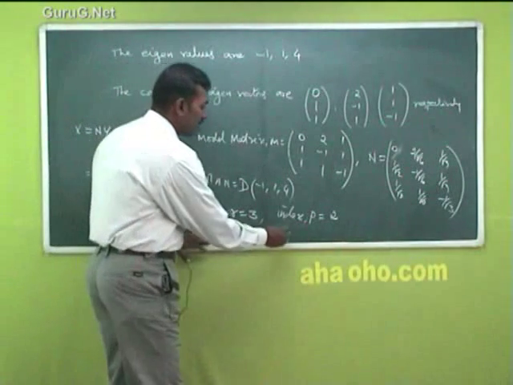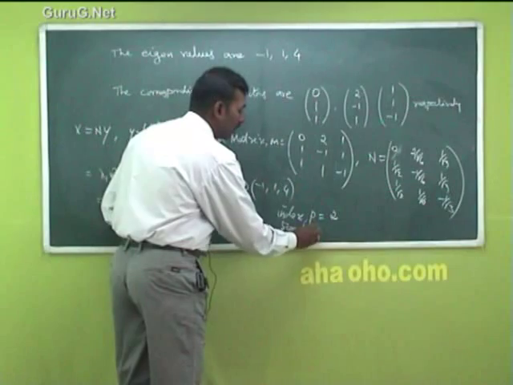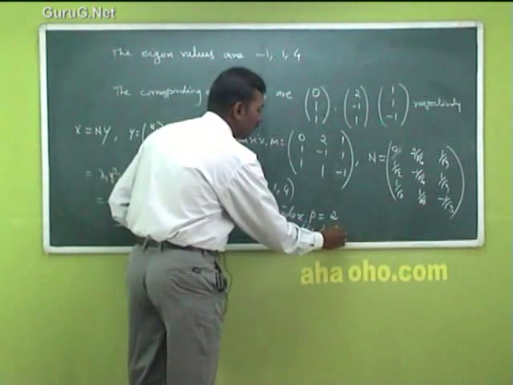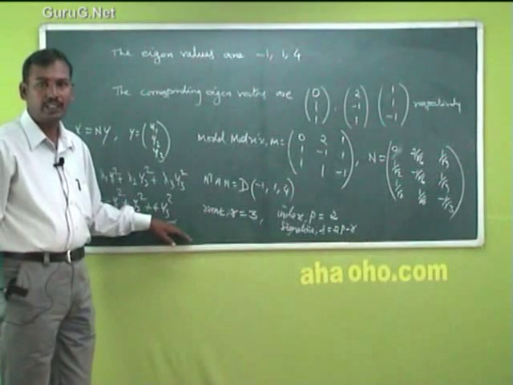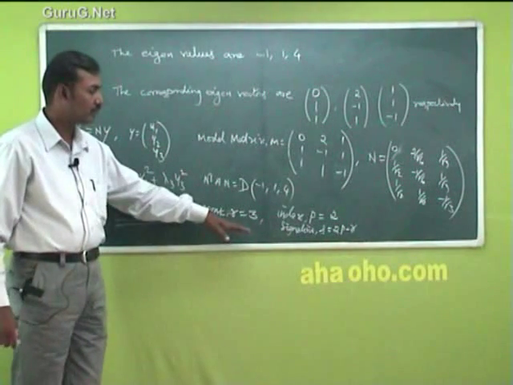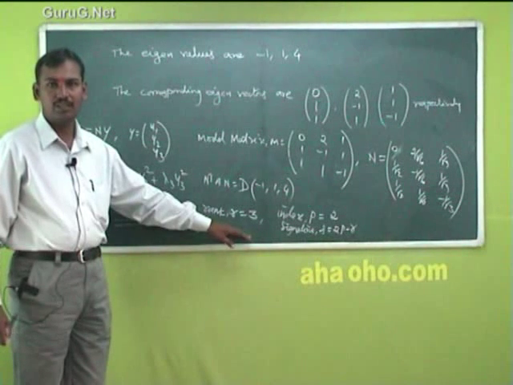That means signature formula: s equals 2p minus r. Right? So that is the signature. Right? Any doubt? Okay.